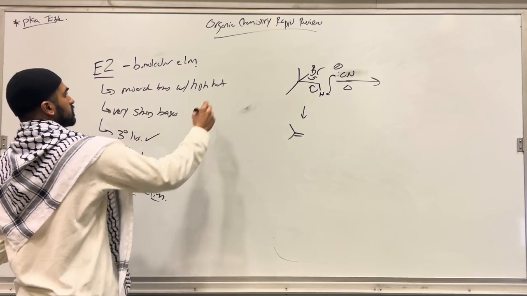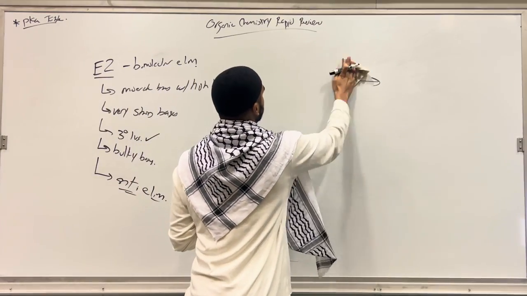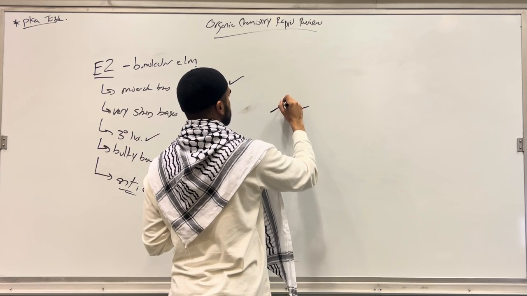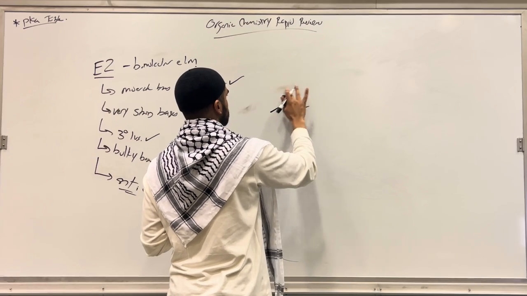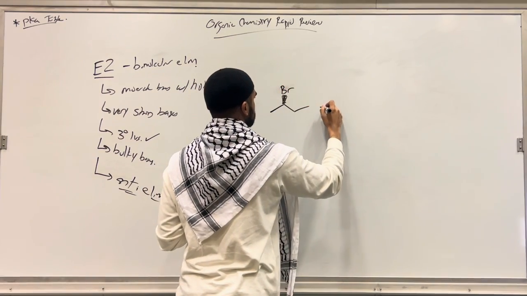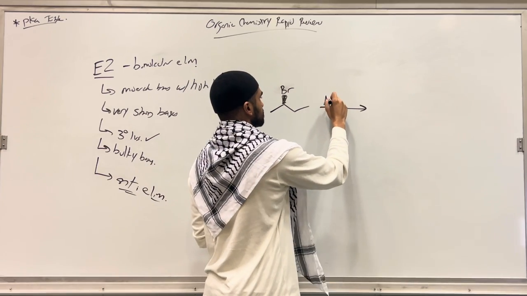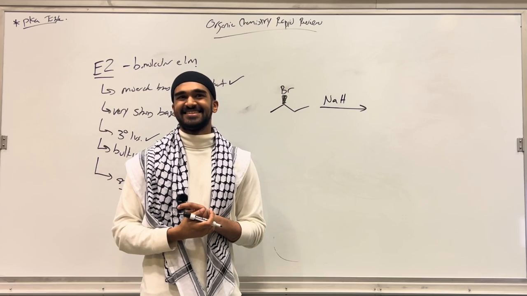So that's the tertiary leaving group, moderate bases with high heat. Very strong bases. It's overkill.